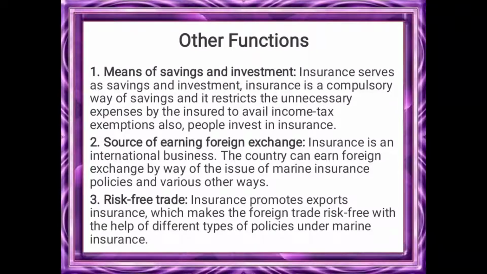Insurance serves as savings and investment. Insurance is a compulsory way of savings, and it restricts unnecessary expenses by the insured, and to avail income tax exemptions also, people invest in insurance. So you see, it becomes a savings and it becomes an investment. How? I'll tell you. It becomes a savings because otherwise you would have spent the money.